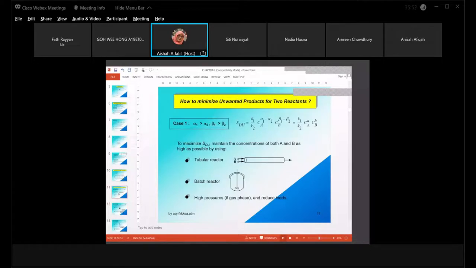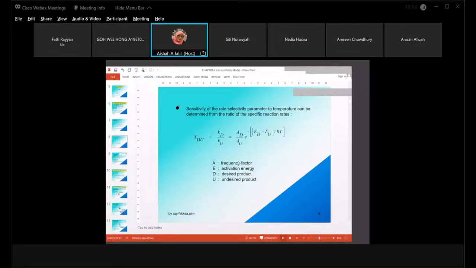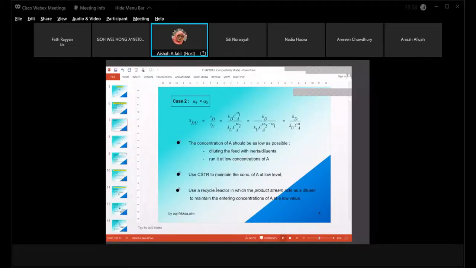That is what they call a recycle reactor. I forgot the page number in the textbook. There is one page showing the types of reactors. I think it is chapter 6.